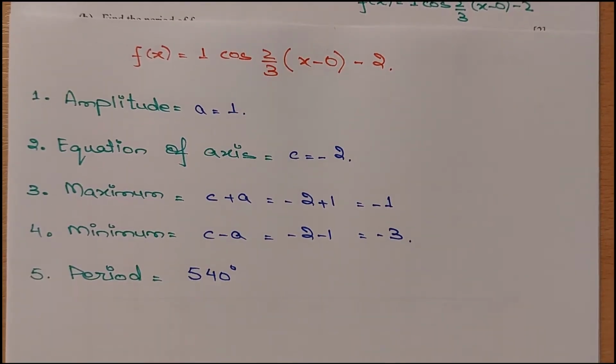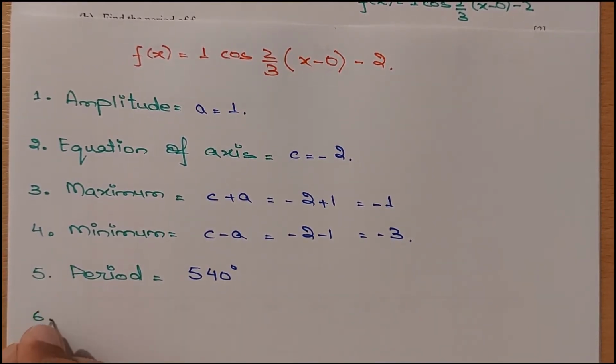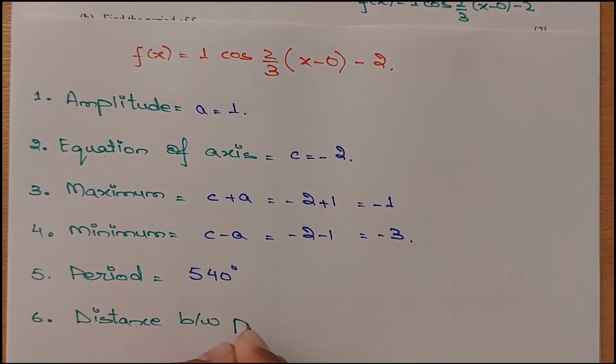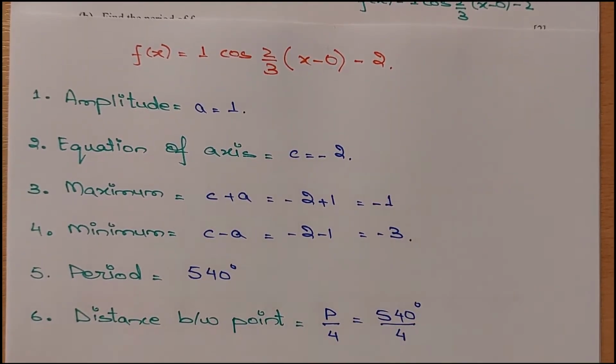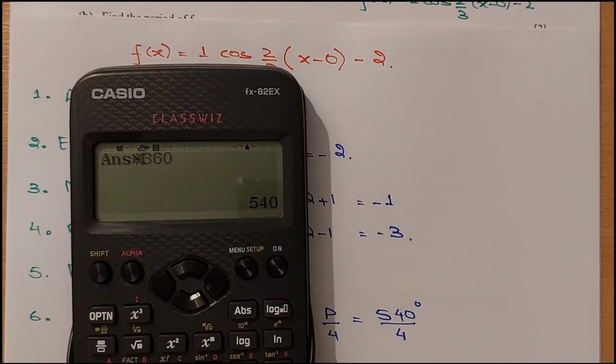Okay, now next we need the distance between points. The distance between points has the formula period divided by 4. So we do 540 divided by 4, that is 135 degrees.